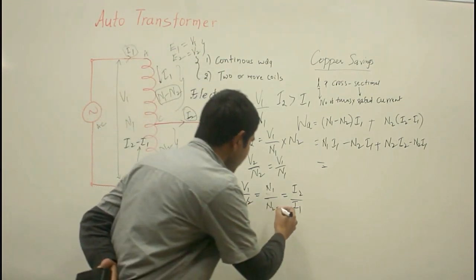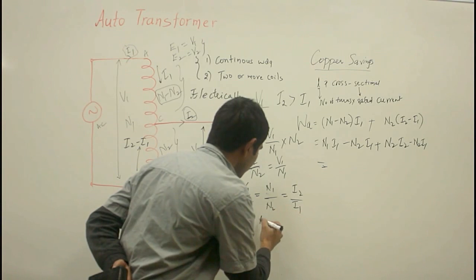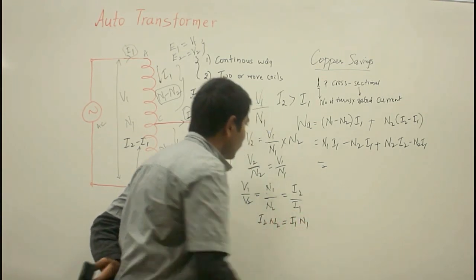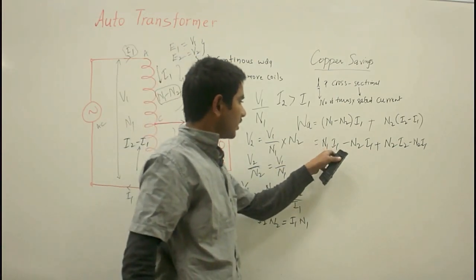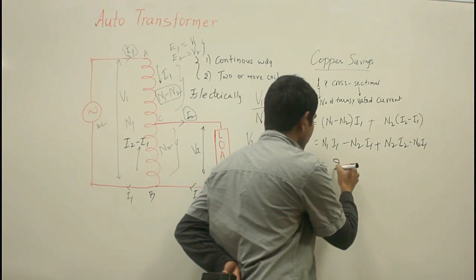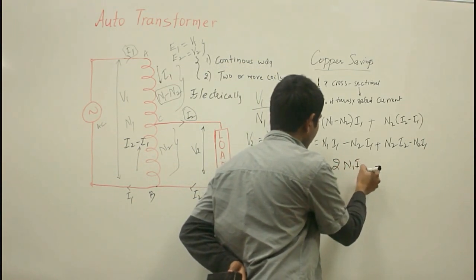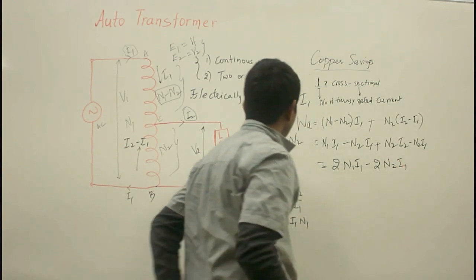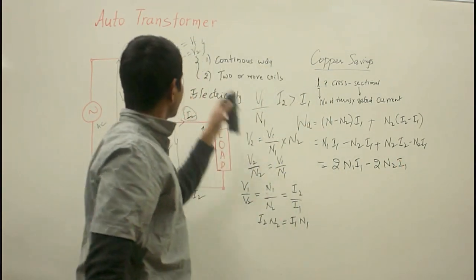From here I2 N2 will be equal to I1 N1. Now similarly, if I equalize N1 I1 equal to N2 I2, I can write 2 times N1 I1 minus 2 times N2 I1. So this is the weight we have found in the auto transformer.